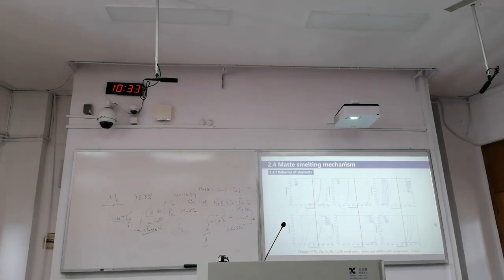So when we are having such a figure, which one will be removed in gas? Which one? Arsenic, right? Arsenic will be in gas. Antimony will be in gas. Lead will be in gas. Bismuth will be in gas.